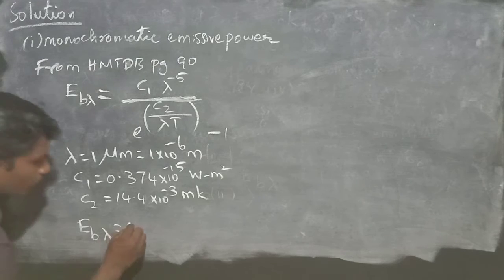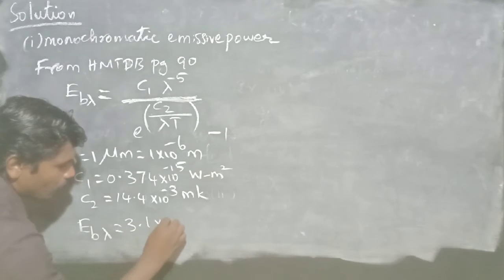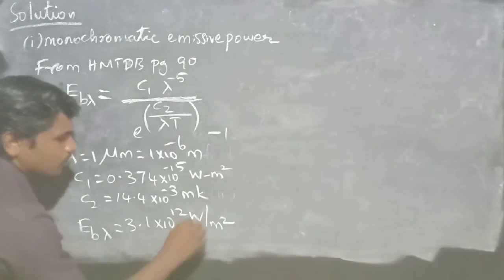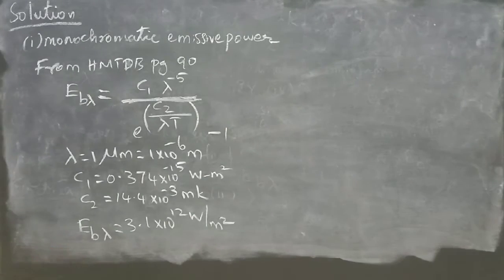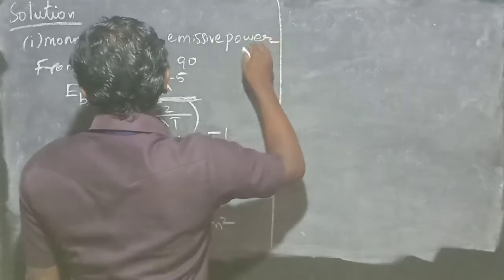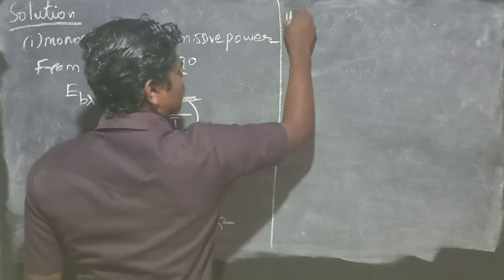That value is 3.1 into 10 power 12 watt per meter square. Right? Then what's the second term we need to find?